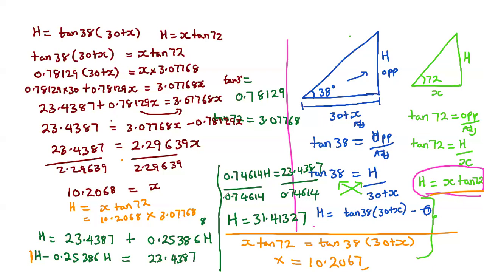And when you multiply those two, you will be able to get 31.413. Yeah, so that is what you are getting. Okay, so let me hope now it is clear.